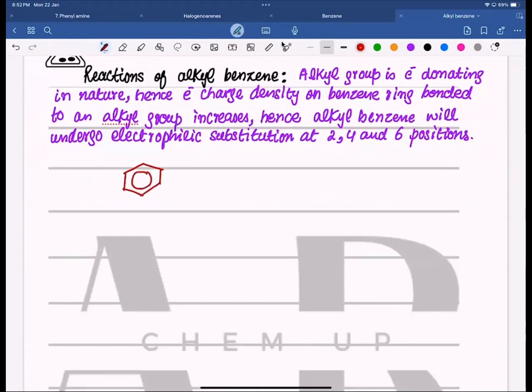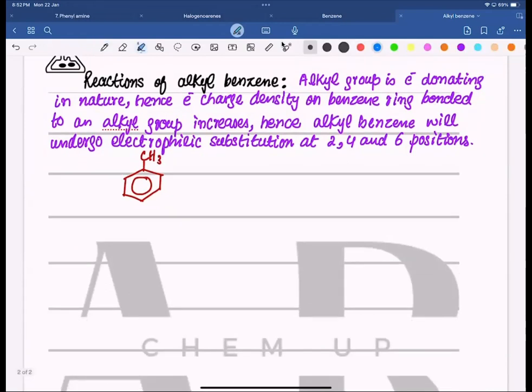That means whether there is any other alkyl or a methyl, the next substitution occurs at these 3 positions only. Yes, is this understandable?